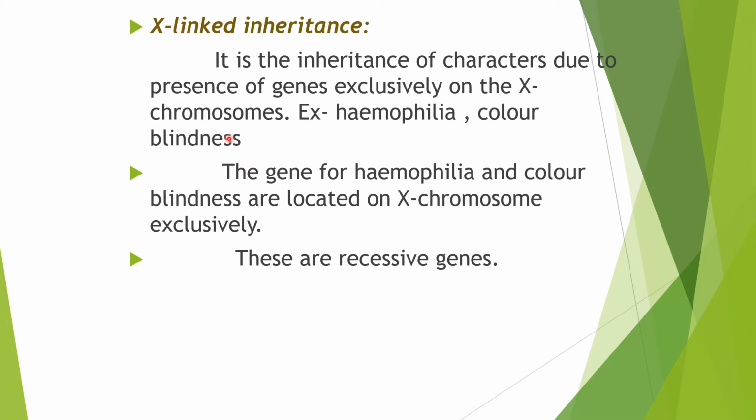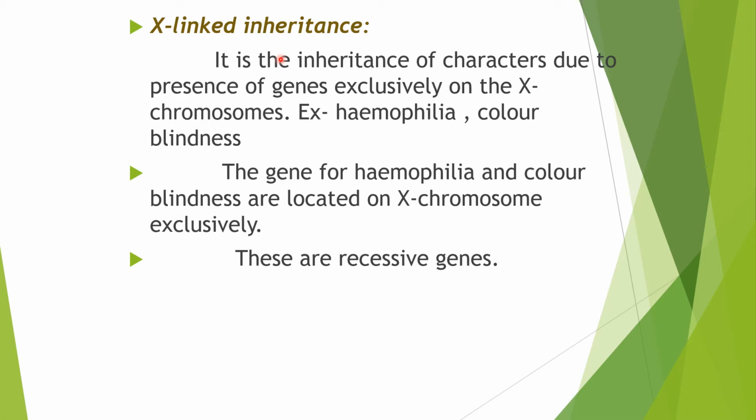Now, what is this X-linked inheritance? In human beings, there are 23 pairs of chromosomes. Out of the 23 pairs of chromosomes, 22 pairs are autosomes, which are responsible for determining the body characteristics, and the remaining one pair is known as allosomes or the sex chromosomes.